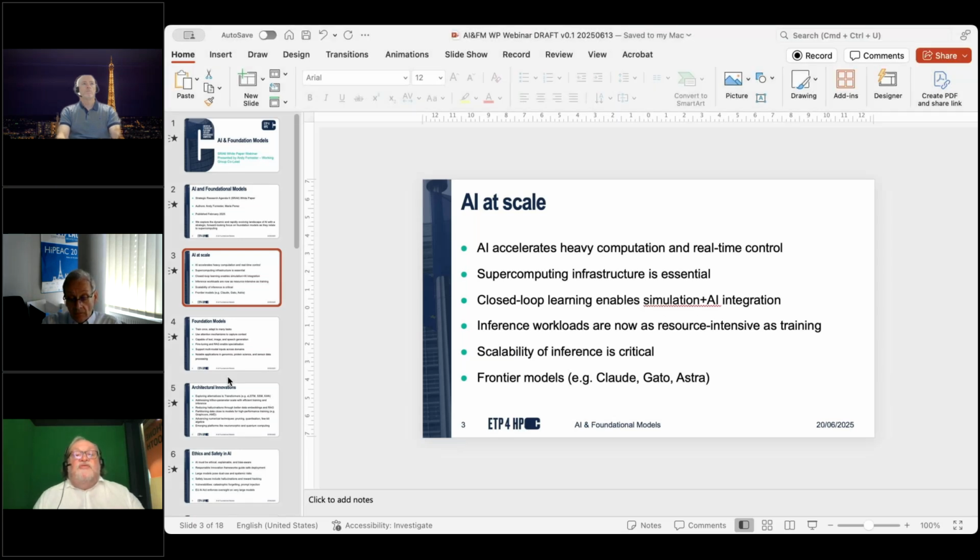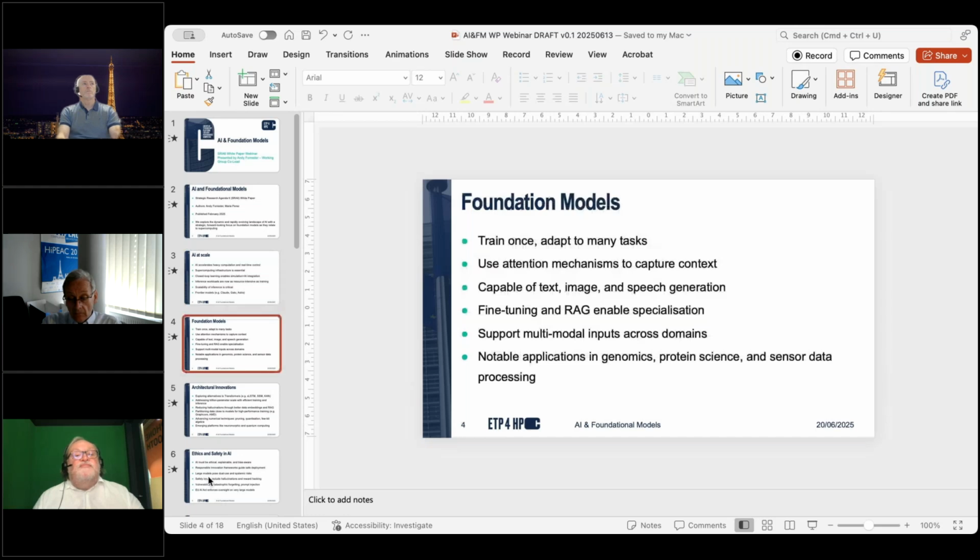So let's move on to foundational models. These models are continuously transforming the software stack.